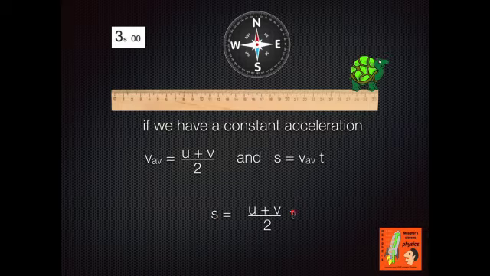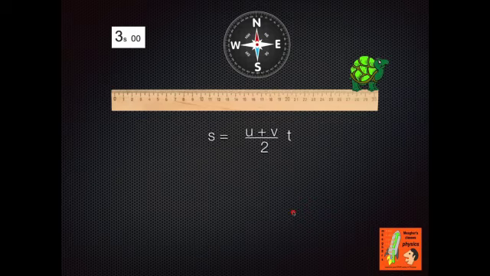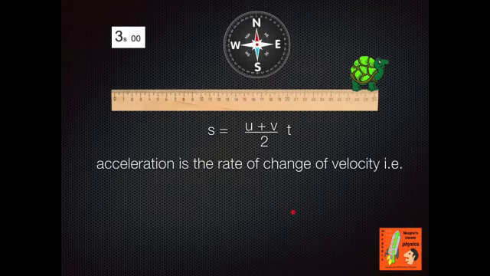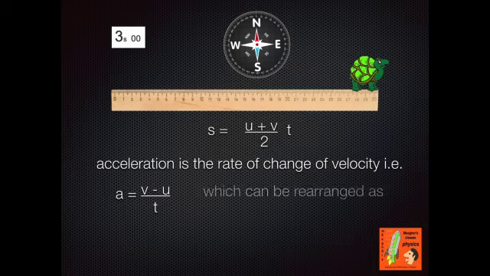Now, that expression there, if we start to look at that and we realise that acceleration is the rate of change of velocity, and if we write that expression as a equals v minus u on t, and we rearrange that to express it in terms of what the final velocity is.